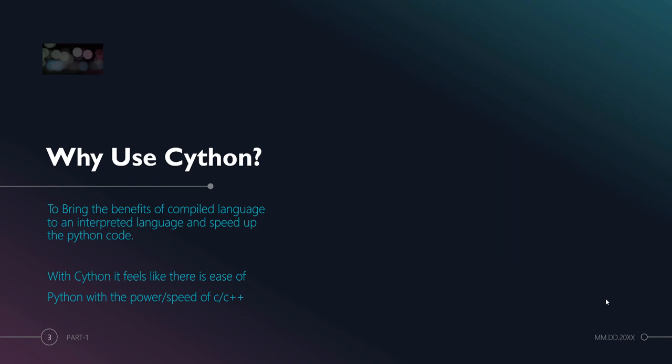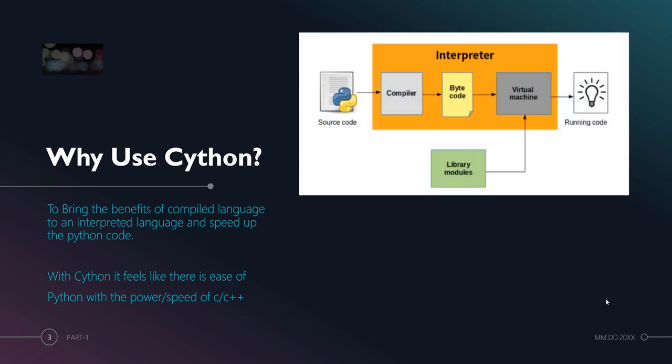To understand it better, we need to understand the interpreter and the process in which your code is executed on your machine. Once you write your code and click the run button, there is a compiler inside the interpreter that converts your source code into an intermediate bytecode. Don't get confused with this word compiler.